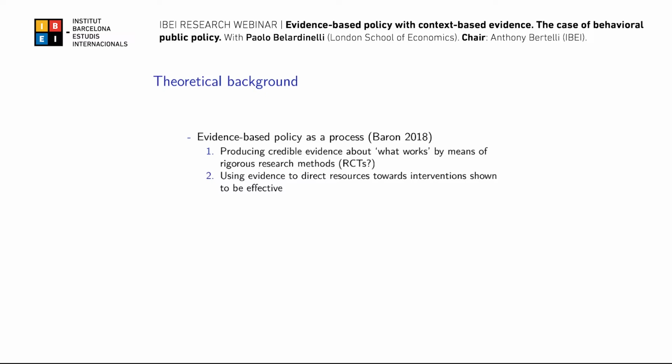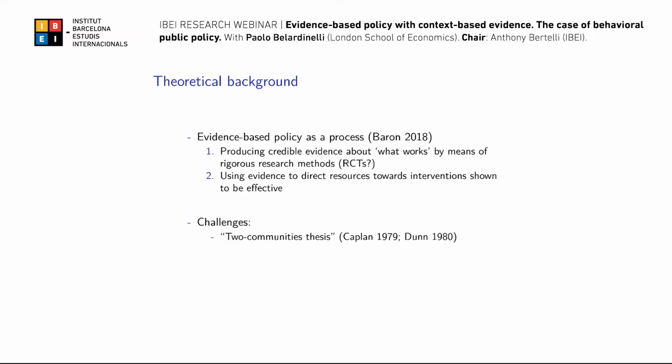The first one is about producing credible evidence about what works, hopefully by rigorous research methods, very often RCTs. And the second element, once you have produced evidence, is using that evidence to direct resources towards interventions that are shown to be effective through research. So this is what is meant by evidence-based policy.